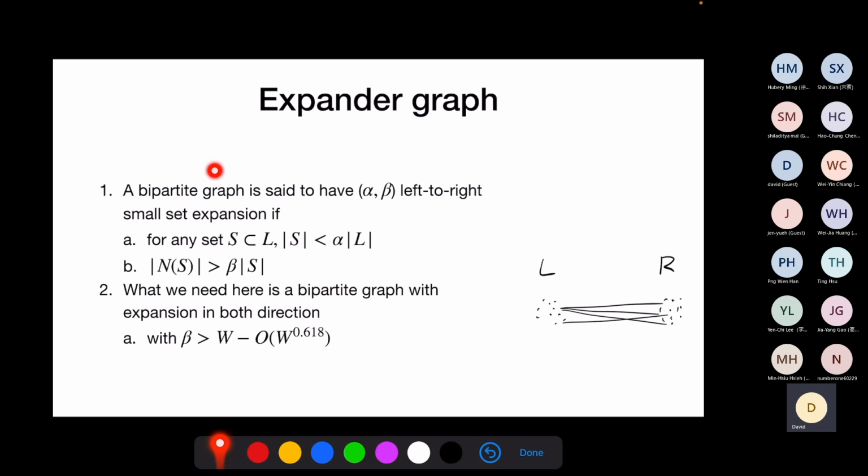We call it a bipartite graph with (alpha, beta) left-to-right small set expansion if, for any set S on the left which has a small number of vertices, the neighbor of this set on the right gives you a beta expansion.